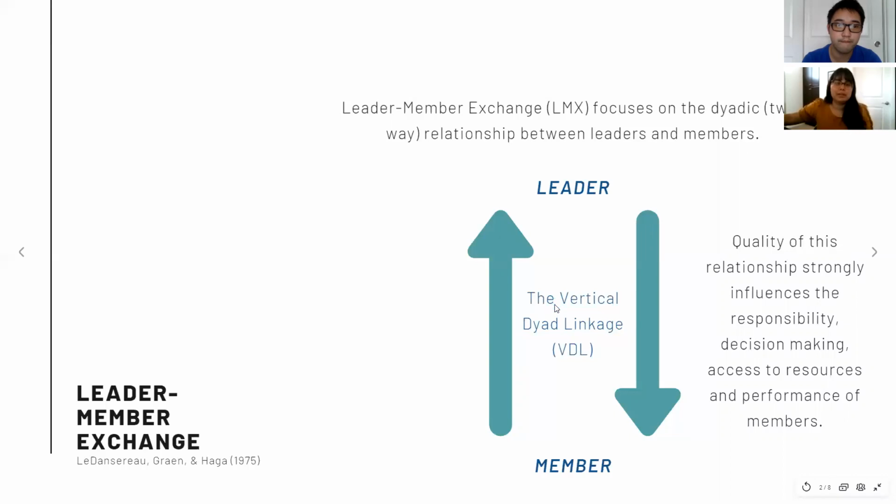What LMX suggests is that leaders automatically develop relationships with each of their members, and the quality of that relationship strongly influences the responsibility, decision-making, access to resources, and performance of its members.